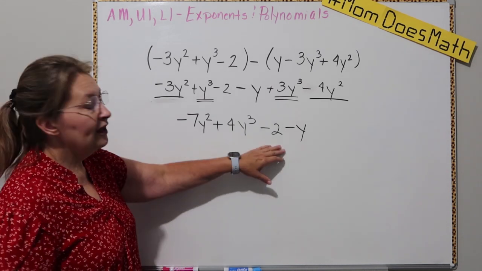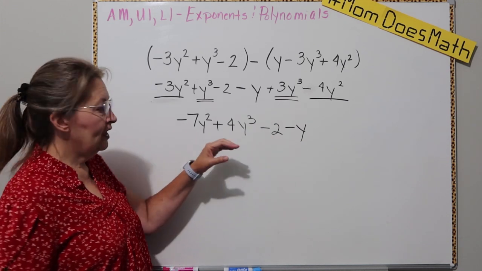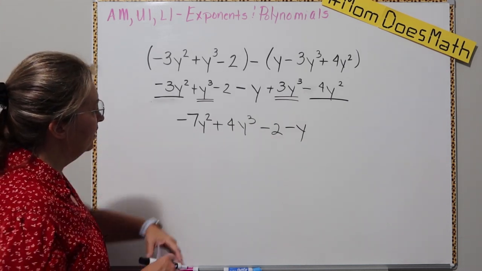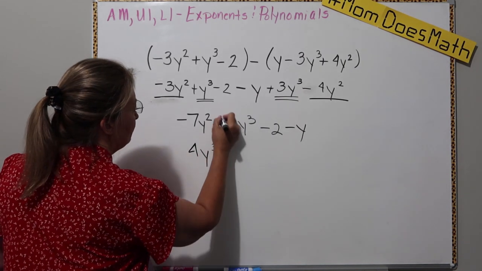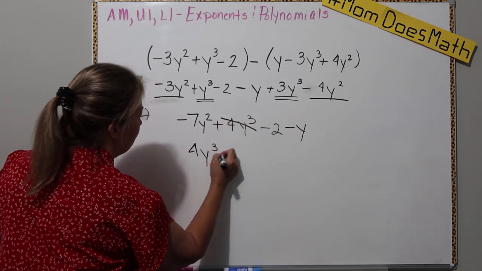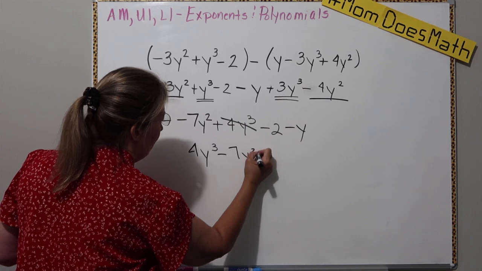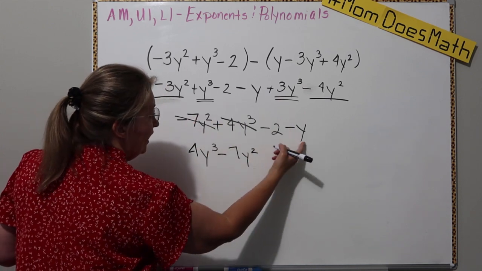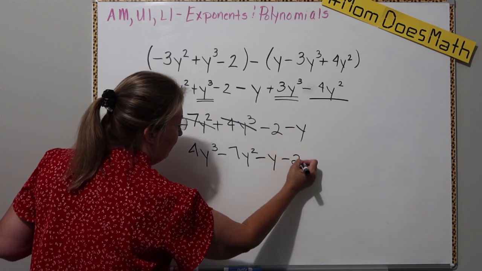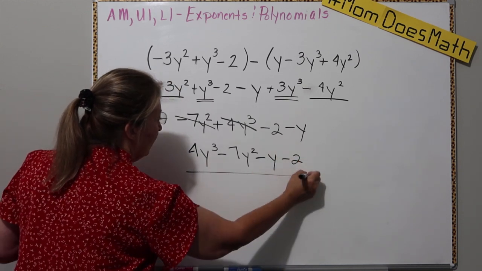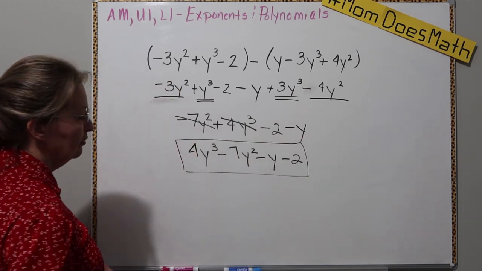So we have only y's here. Our largest exponent is the positive 4y to the third, so that would be first. Next, we have the minus 7y squared. Then we have the linear term y, and then we have the constant. So this is actually in standard form.